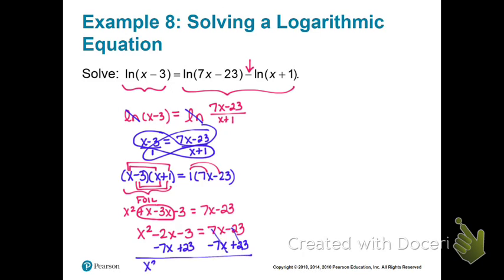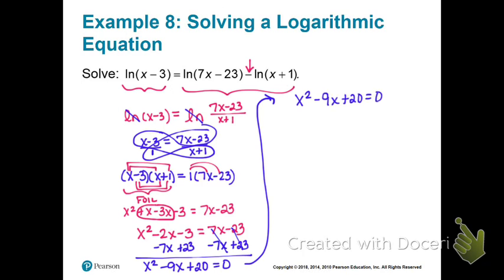So I get x squared minus 9x plus 20 equals 0. I'm just going to rewrite that up here in the next column.